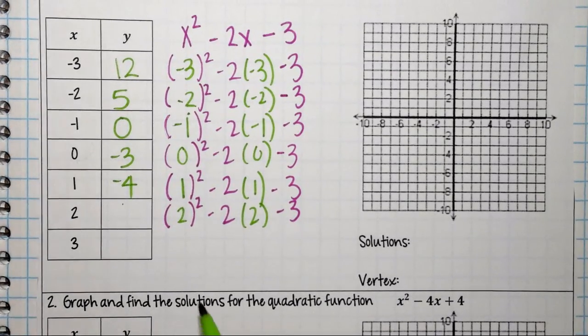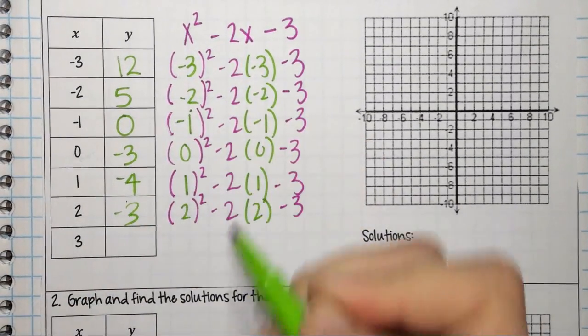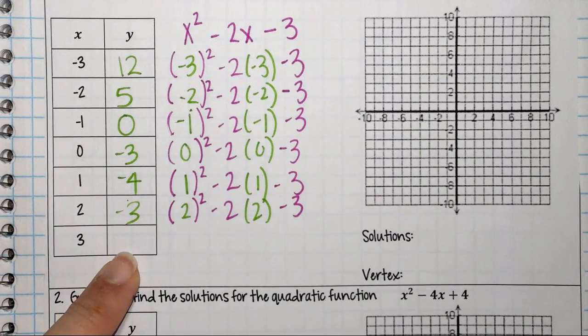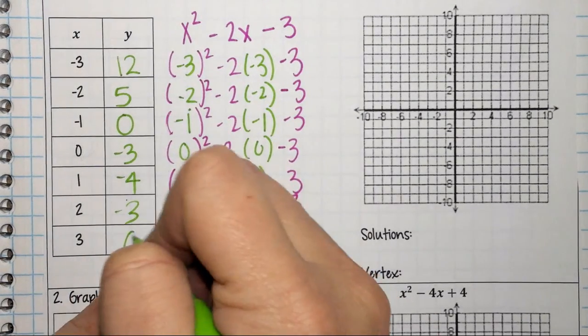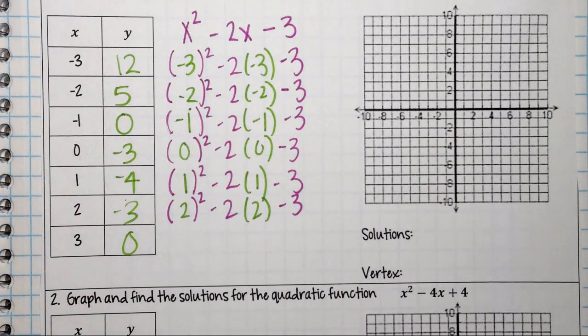What did we get here? Alright, does it repeat there? So what's this next y value going to be? 0. Now, which one is our vertex?